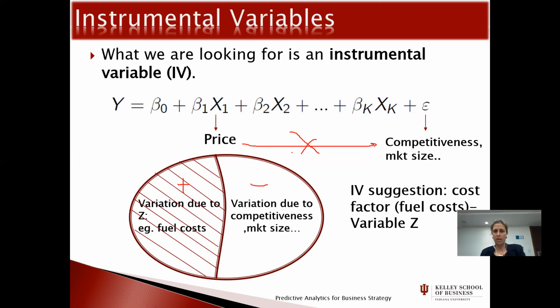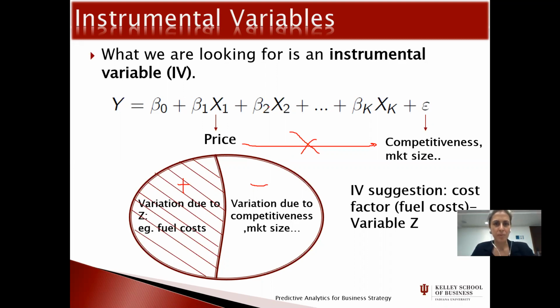That's going to help me mimic this holy grail kind of random assignment, right? Because ideally your IV should be related to your endogenous variable, but not related with anything else in the model, okay? So that's the whole philosophy. If you understand that, you understand the technique, because that's the whole intuition.